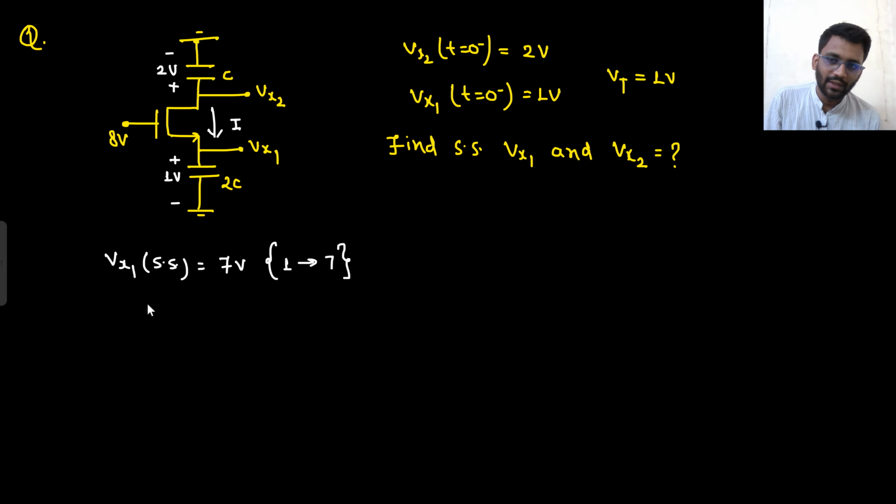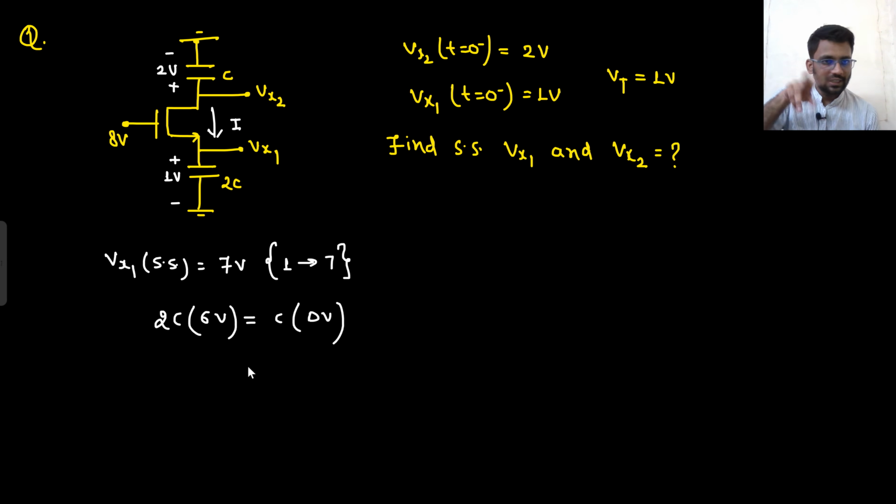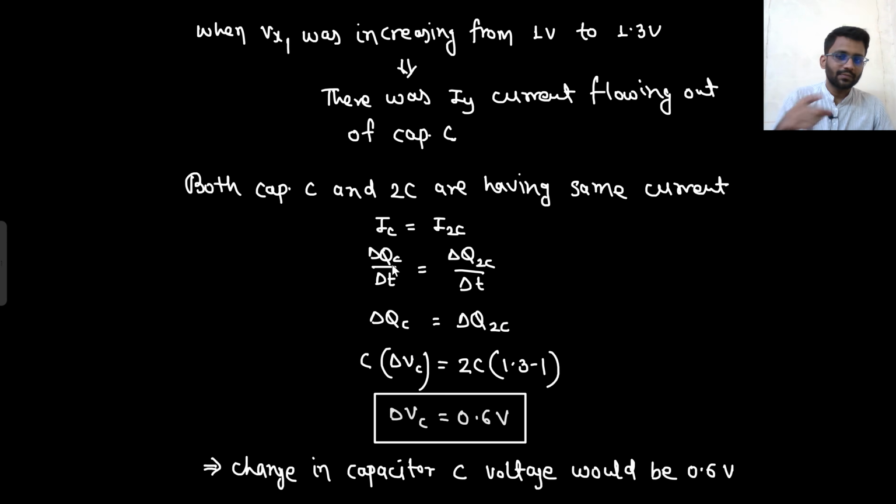If I apply that charge conservation that I applied there, because the current is the same, 2C got 6 volt. So how much voltage will C get? The charge that capacitor C stored is C into delta Vc, and the charge 2C stored is 2C into the change in voltage.